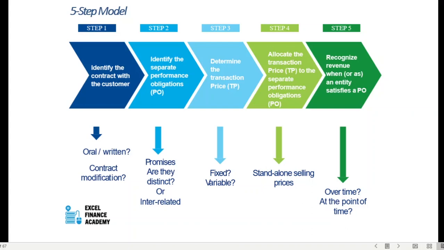The cost is going to be recognized in that one year, so there's no matching principle, and also the revenue is understated in the first year and overstated in the future years. So the principle has to be applied correctly. That is the 5-step model.